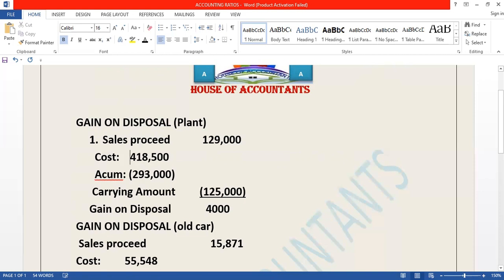Look at the question properly. Open it on WhatsApp. I think it's 418,500. Or 415. What do you get?